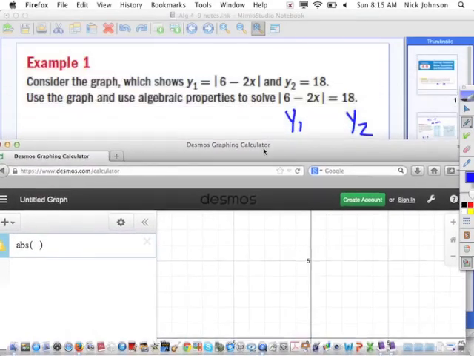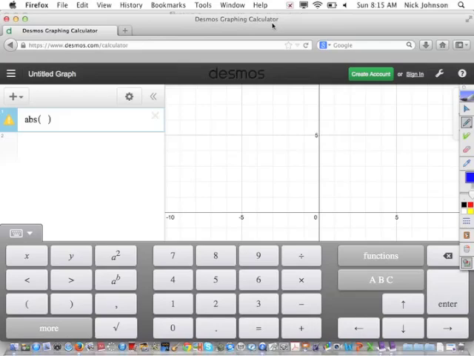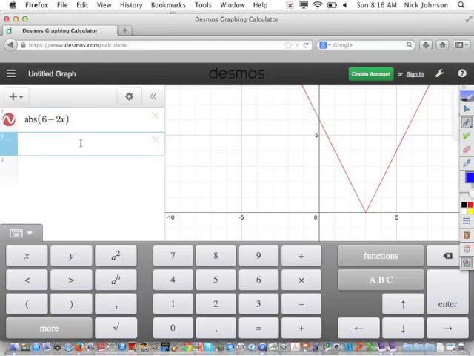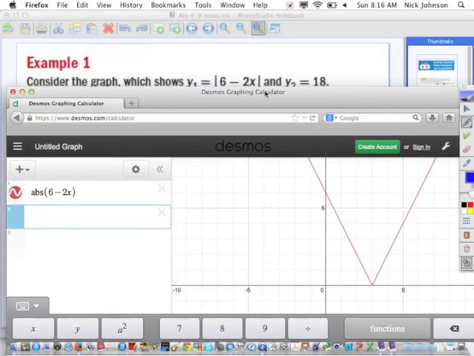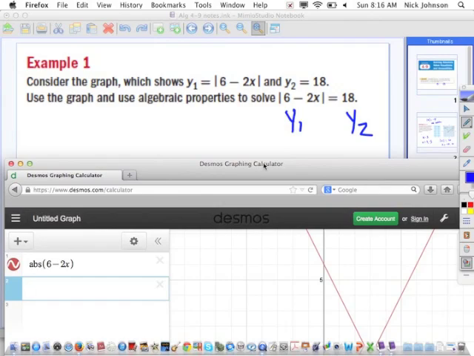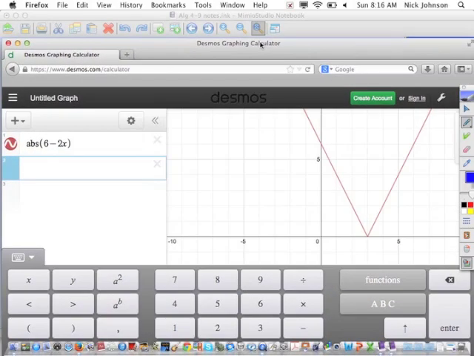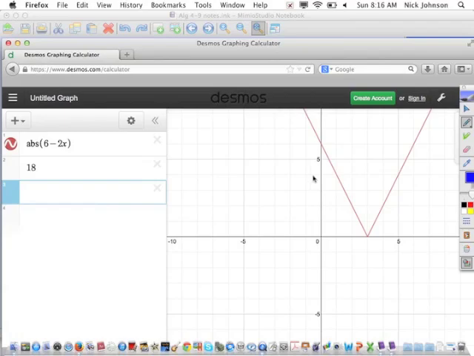And I need to go 6 minus 2x, okay? Notice it makes a V. Absolute values are always going to make a V at some point. And then our y2 is 18, so we want to know when that equals 18. Okay, so get rid of that. Obviously, we need to go out a little bit.